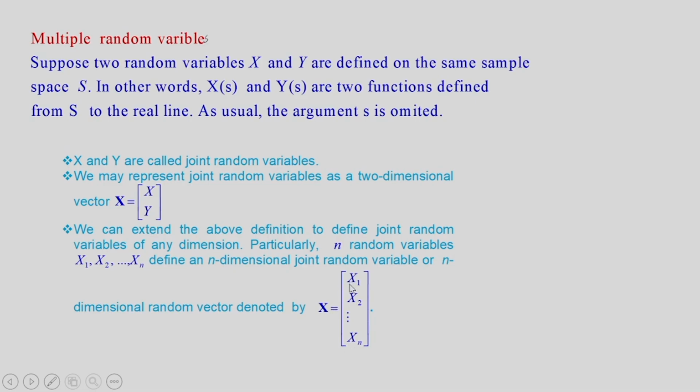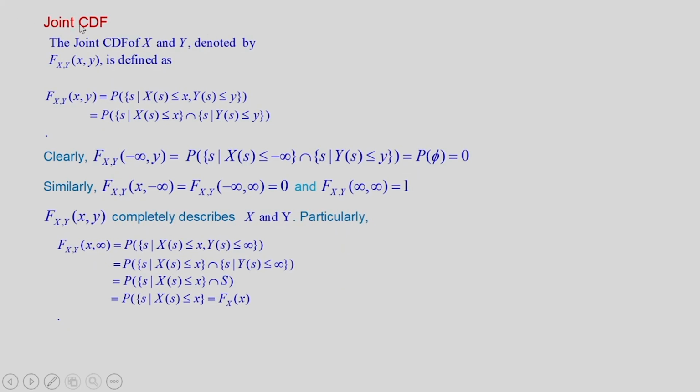Now, how to characterize multiple random variables? We have the joint CDF. The joint CDF of X and Y, denoted by capital F_XY at point (x, y), is defined as, how do we define? This is the probability of those s for which X(s) is less than or equal to small x and Y(s) is less than or equal to small y.